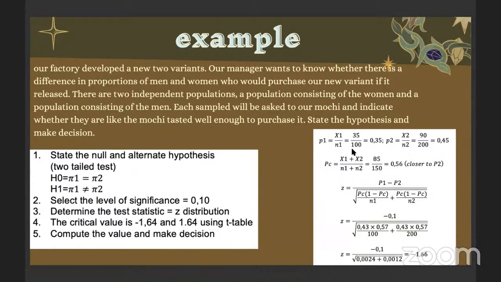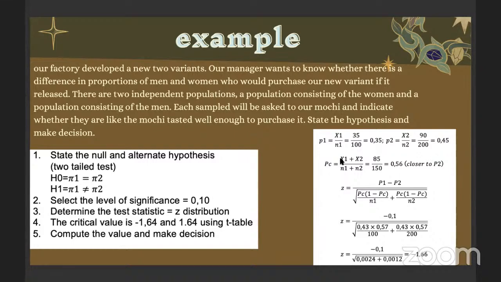Then we use both formulas. p1 equals 35 divided by 100, which gives 0.35, and p2 equals 90 divided by 200, which equals 0.45.